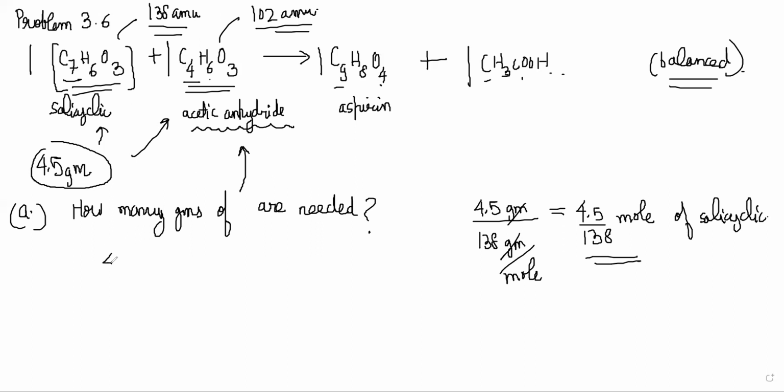Grams of acetic anhydride will be 4.5 by 138 mole into 102 gram per mole. Be careful about the units and use the units in your calculation. Don't just keep multiplying numbers. You have to know how to multiply and cancel units, because later it will become complicated. Just say 102 gram per mole multiplied by this many mole, you'll get grams, right?